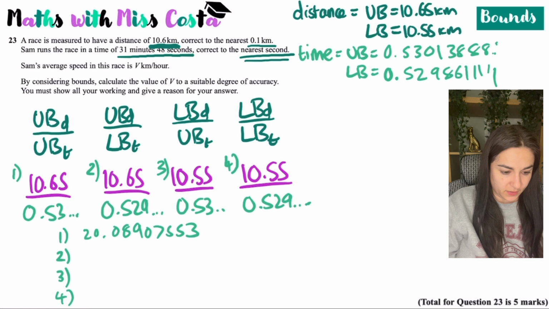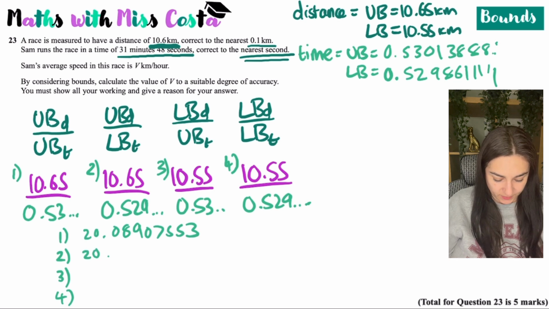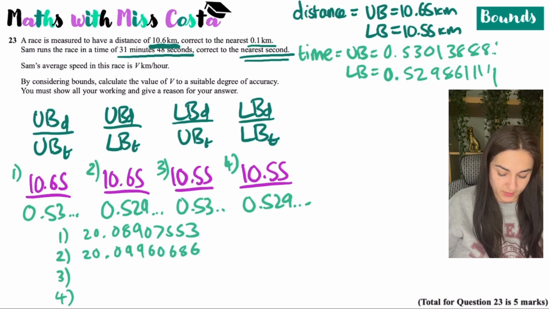Do the same thing again. 10.65 divided by 0.5298611 is 20.0996066.